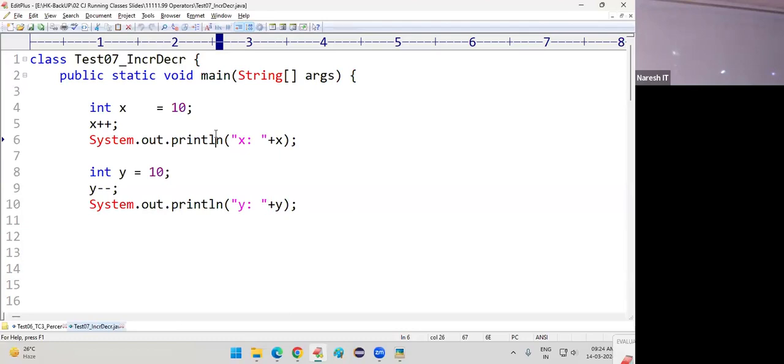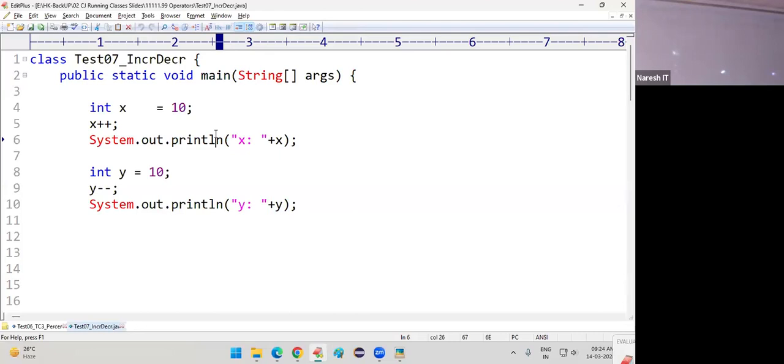Pre-increment is first, post-increment is second. Pre-increment, pre-decrement, post-increment, post-decrement.